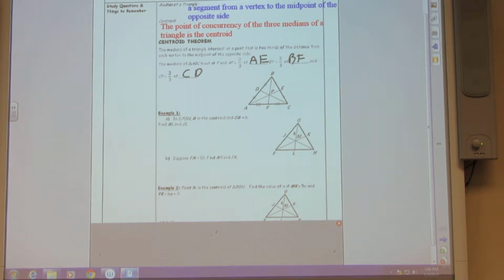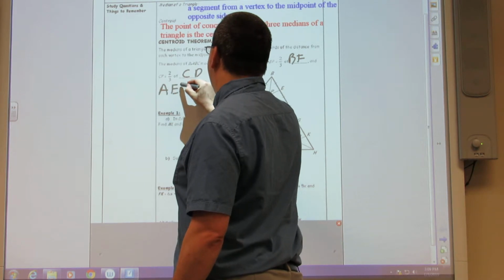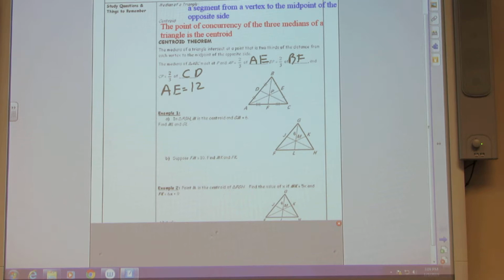So if I look at AE and say that AE is 12, that is the whole line. AP is 2/3 of that. I'll come back to that in a second. PE is 1/3 of that. That is easier to find.